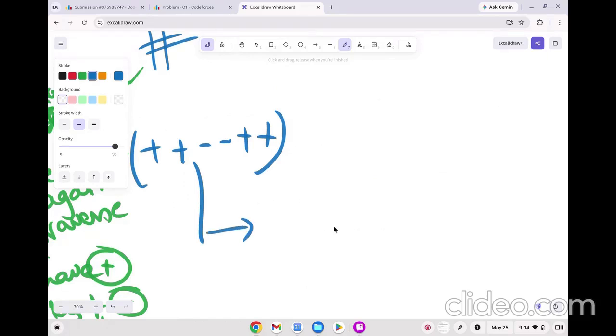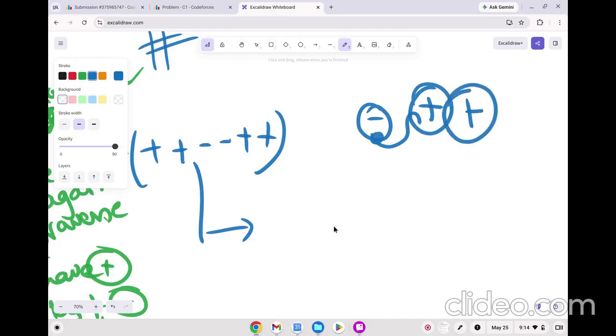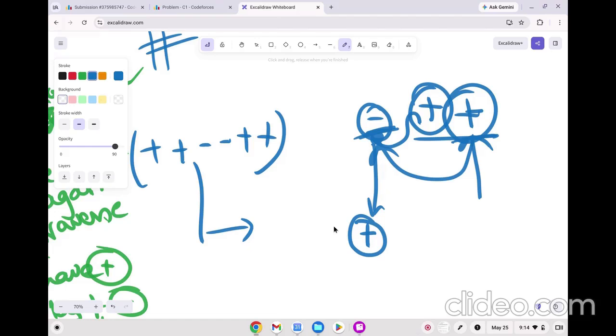So what I was claiming was something like this: if I have a minus, and after this minus we get a plus, or multiple plus, then this plus will somehow affect this minus, and this minus would be converted into a plus, right?